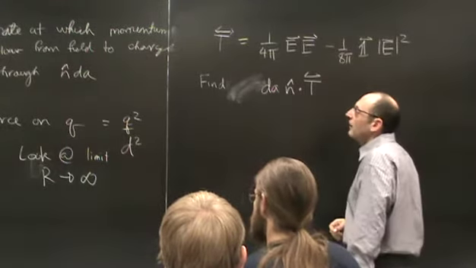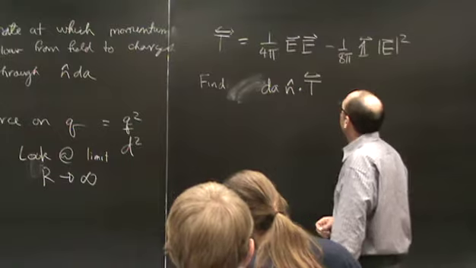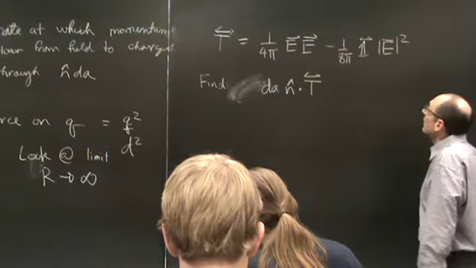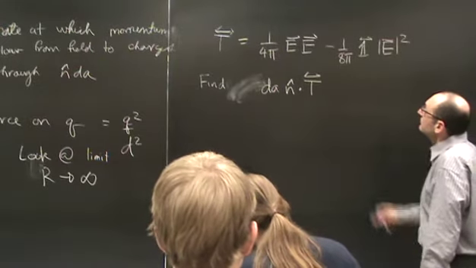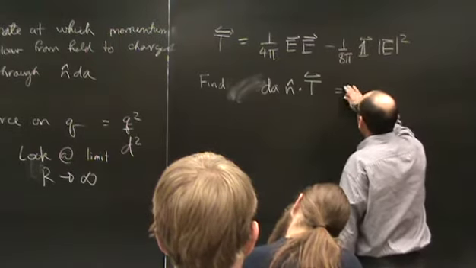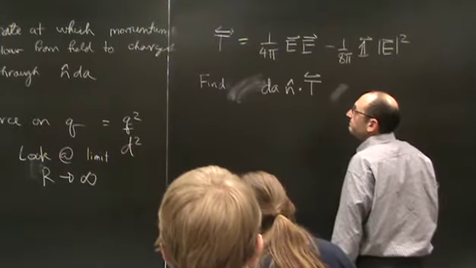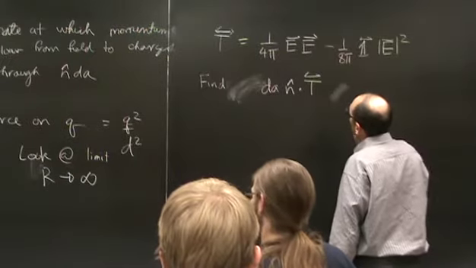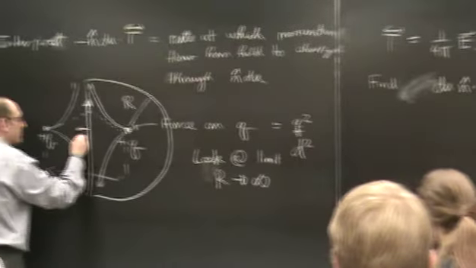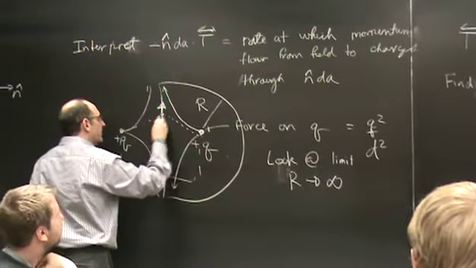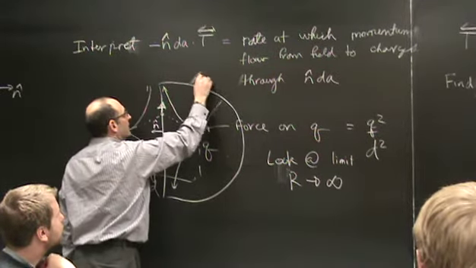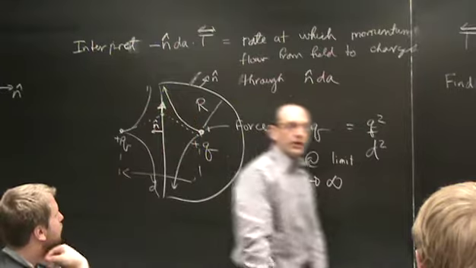So we have two cases to consider. We have n hat associated with the bottom of this hemisphere, the disk, and we have the dome case as well.